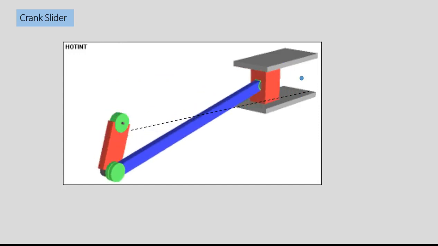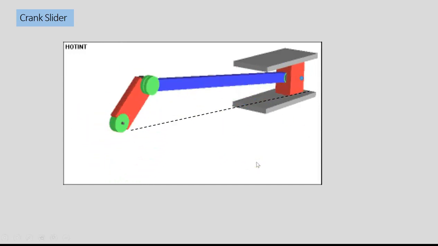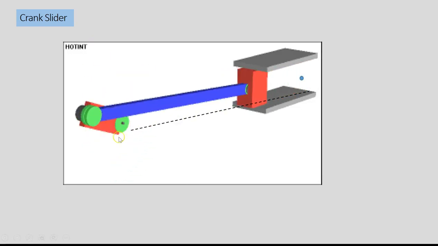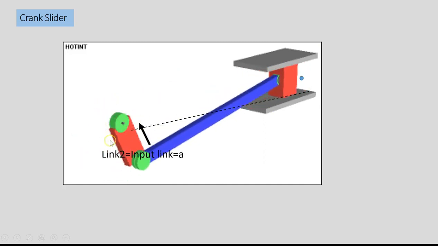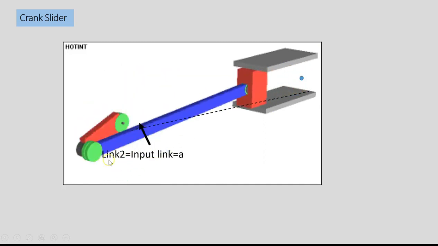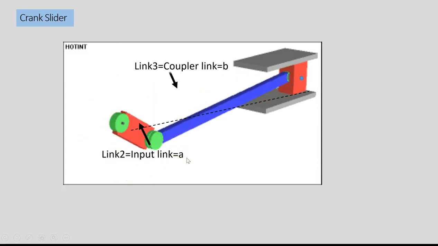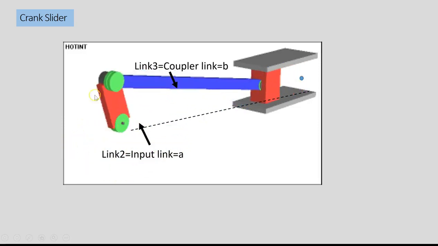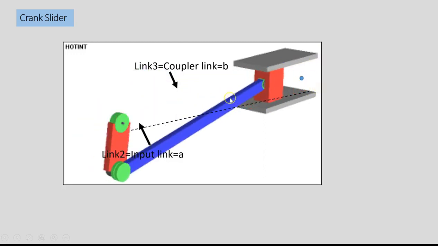Okay, so if we look at this diagram and try to understand which one is input, we can understand that definitely this small link is input link. So this is link 2, the length is A. This is coupler, which connects the input link and the slider, and you can see that the slider slides.